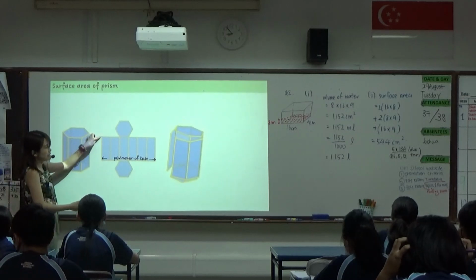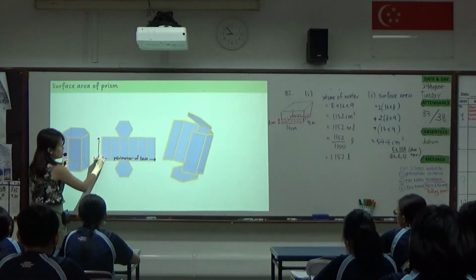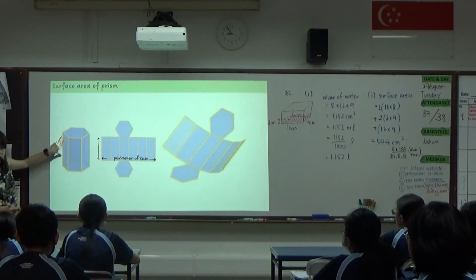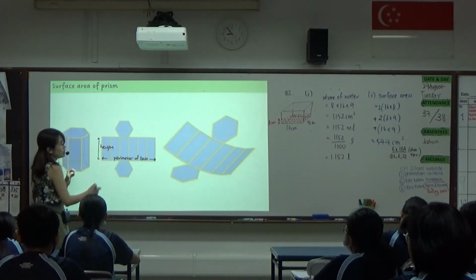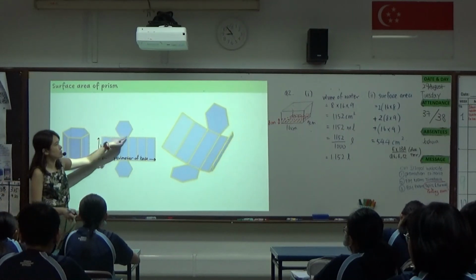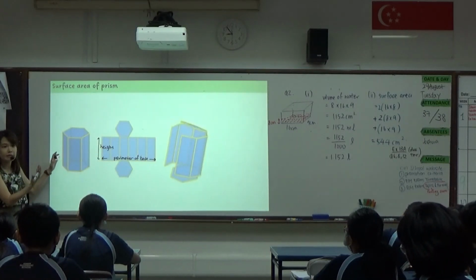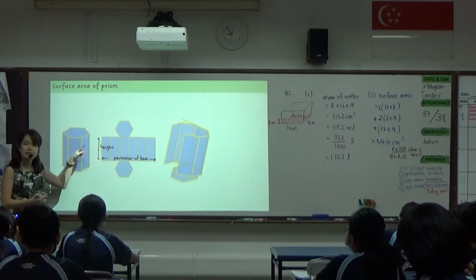While we recognize that it is a rectangle, so this width over here will be none other than the height of the entire prism. So in order to find out the total surface area of all the rectangles around the side, I simply just have to take perimeter of base times height.